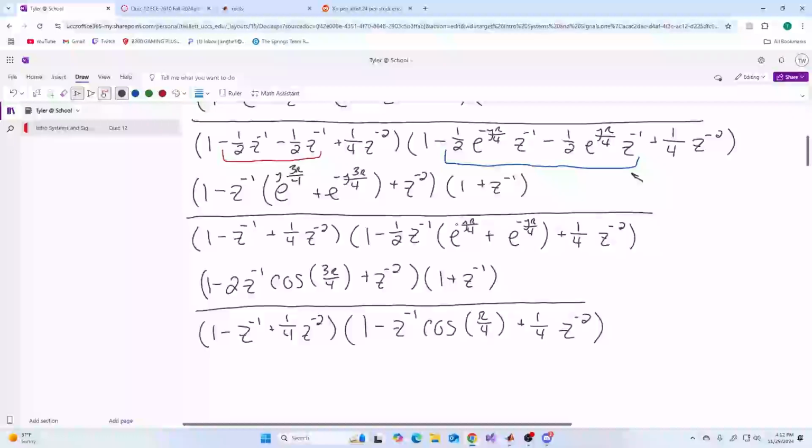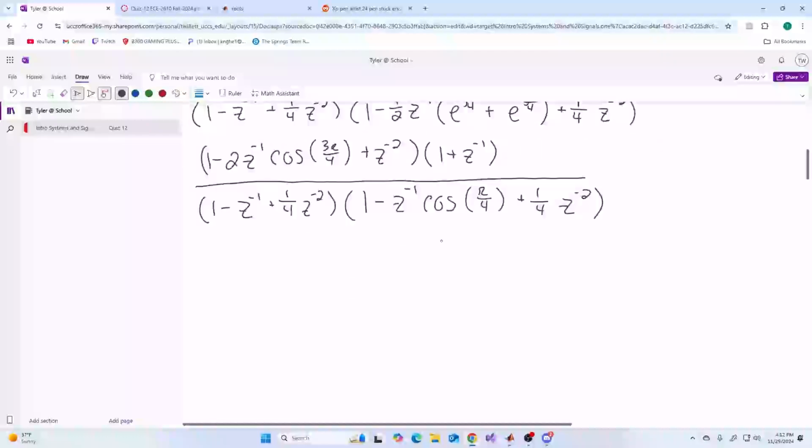Okay. Now all I'm going to do is solve for my cosine of 3 pi divided by 4 and my cosine of pi divided by 4. So I'm going to get 1 minus 2.